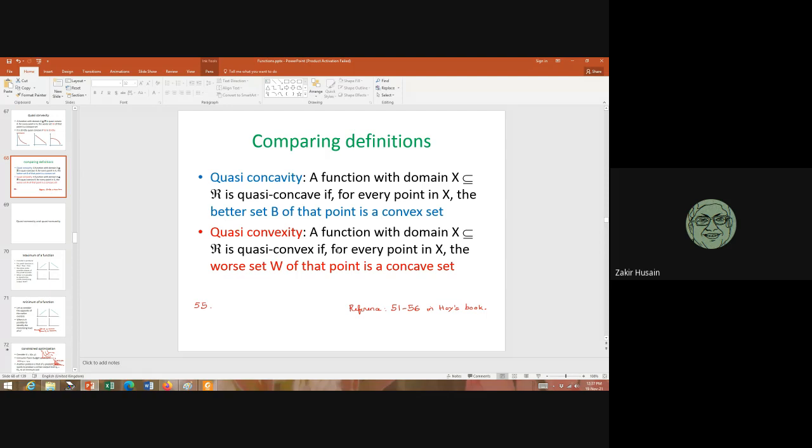A function is quasi convex if the worse set is a convex set.